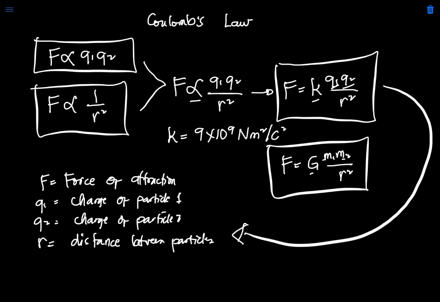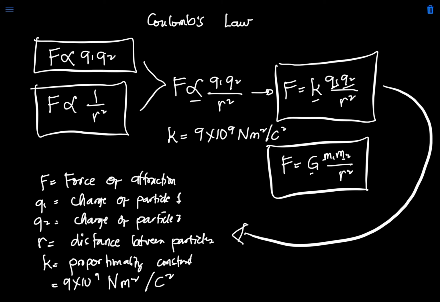And of course, let's not forget our k, which is the proportionality constant. And this has a value of 9 times 10 raised to 9 Newton meter squared per Coulomb squared.